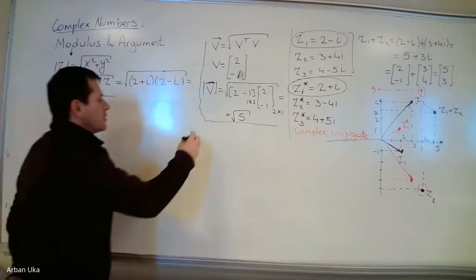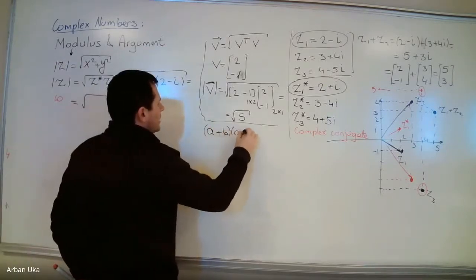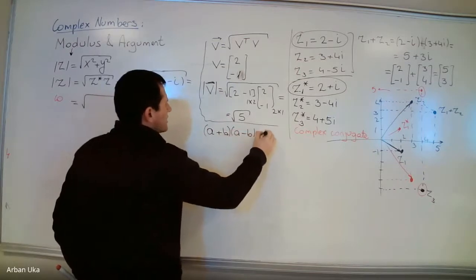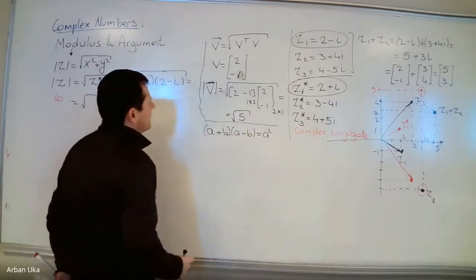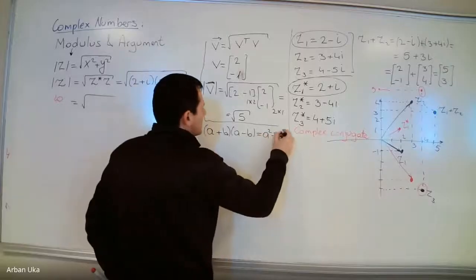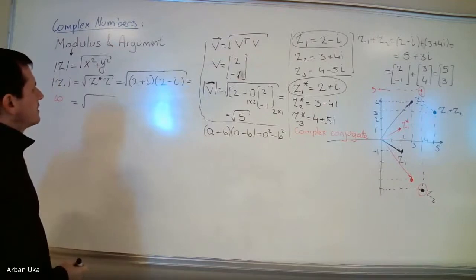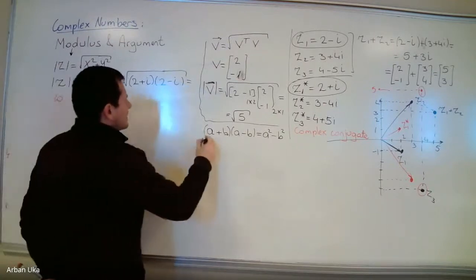This is similar to the multiplication A plus B times A minus B. What is this? A squared minus B squared. That is true.